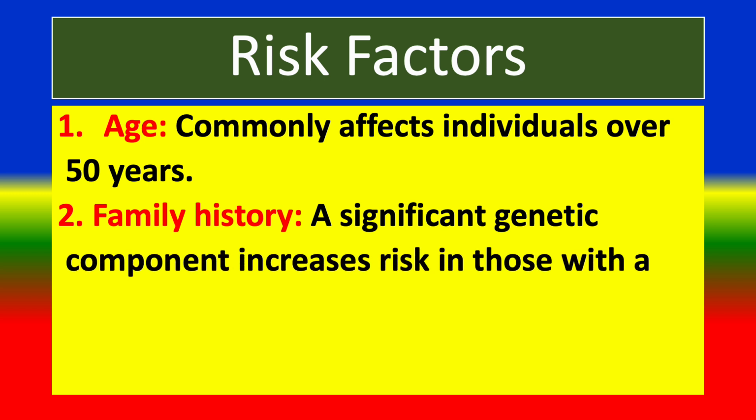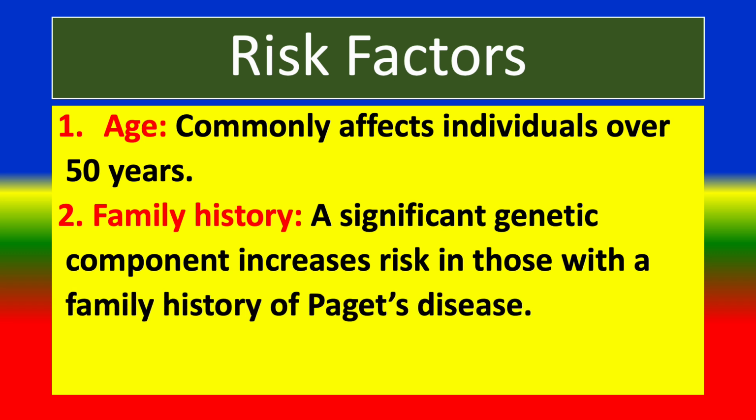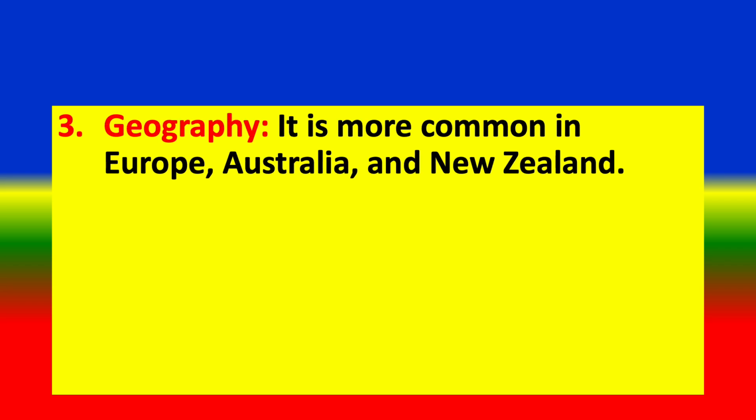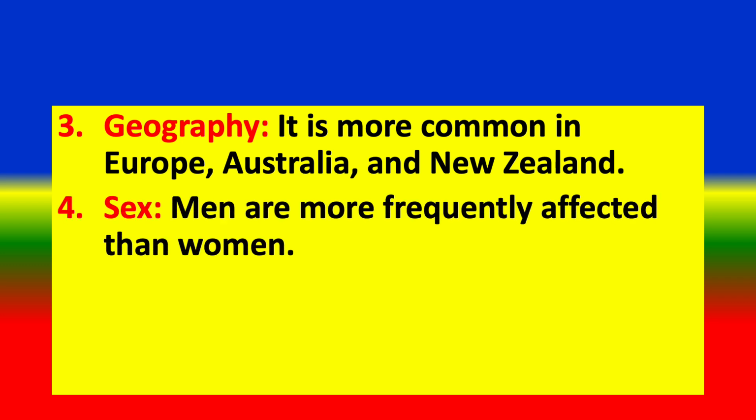A significant genetic component increases risk in those with a family history of Paget's disease. 3. Geography. It is more common in Europe, Australia and New Zealand. 4. Sex. Men are more frequently affected than women.